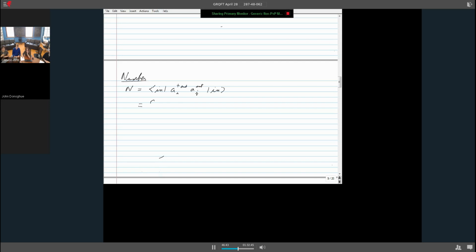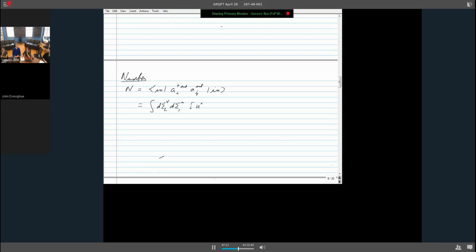Okay, the number operator is going to be, I'm going to take the in states and we'll take a dagger out, a out. So these are the outgoing ones, but taken in the state that's the incoming state, or the horizon state, the state near the horizon.